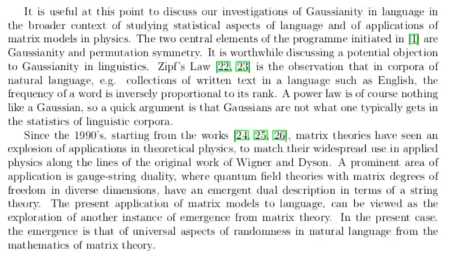So Zipf's law is the observation that in corpora of natural language, the frequency of a word is inversely proportional to its rank. So this is the way that you get these rare words that are actually very common.